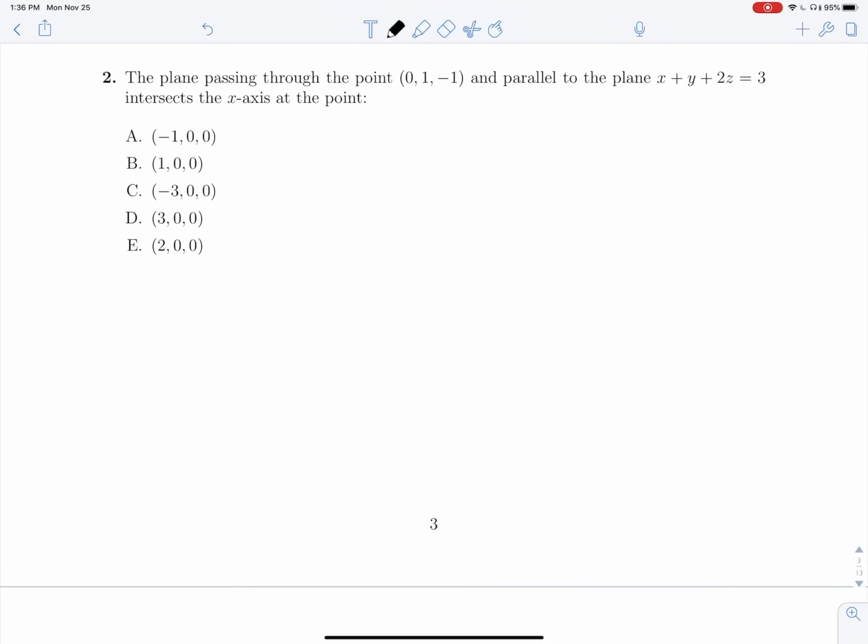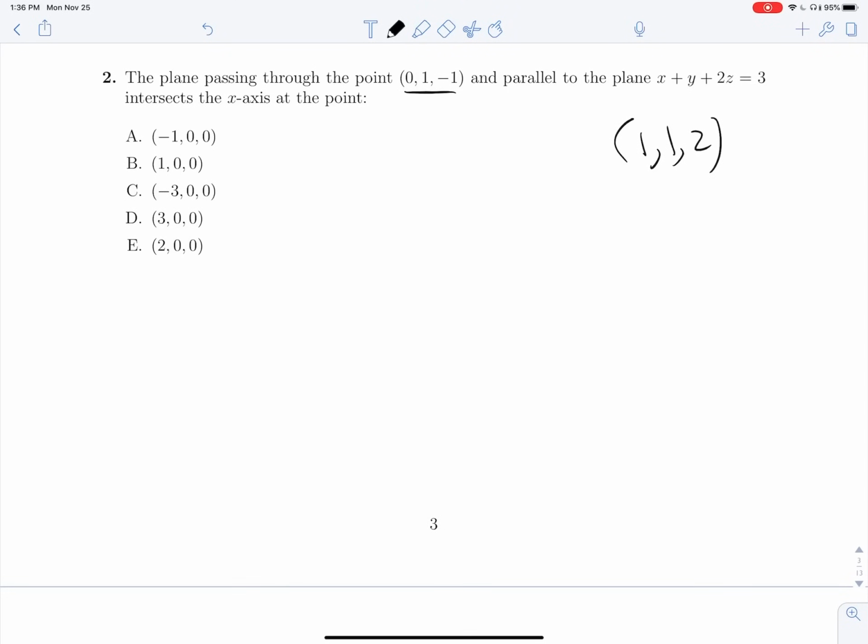Okay, the plane passing through this point, parallel to this plane, intersects the x-axis at what point? Well, we know that just like if we want to have two lines that are parallel to each other, they must have the same t coefficients, if we want two planes to be parallel to each other, they must have the same normal vector. So in the case of this plane, our normal vector is 1, 1, 2.